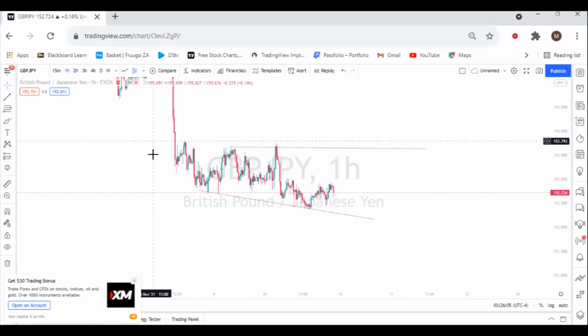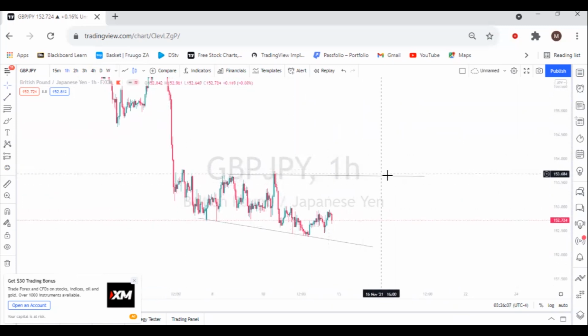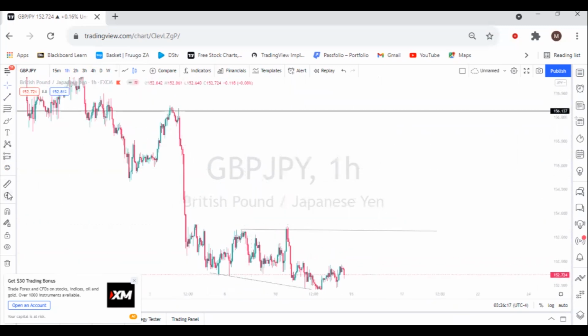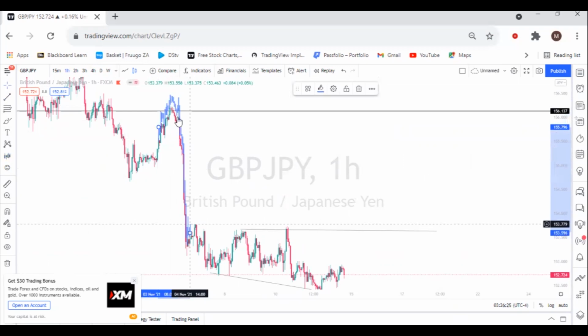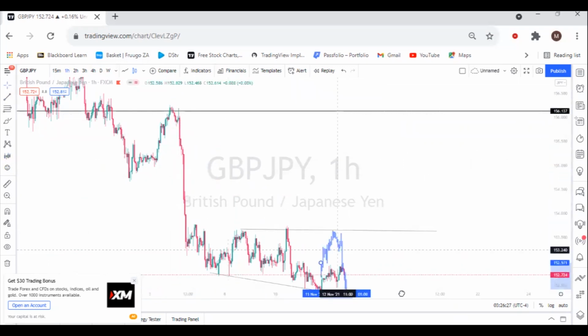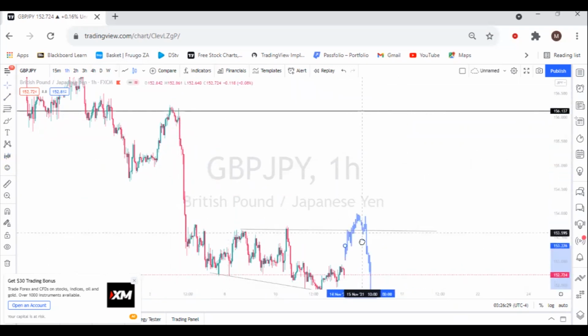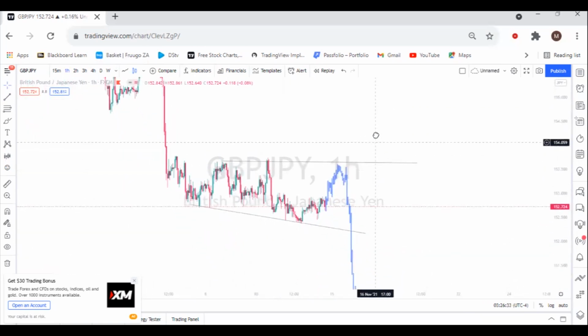So the market has to buy to this point, this resistance here or zone, so we can sell off. Let me just use my box pattern to illustrate what I'm talking about. So we're expecting something like this.